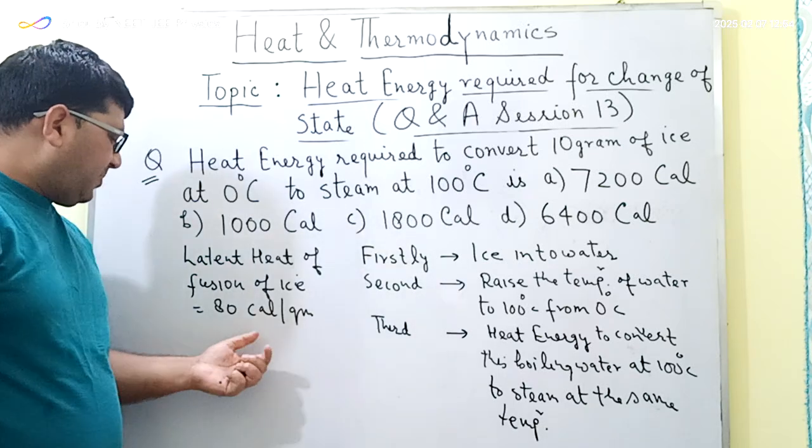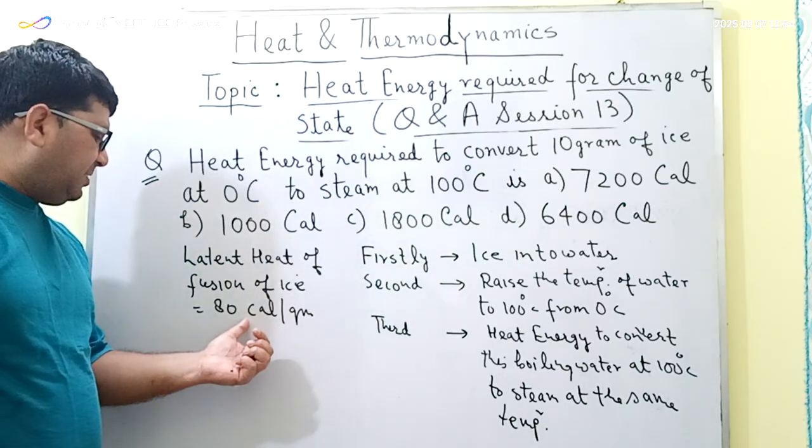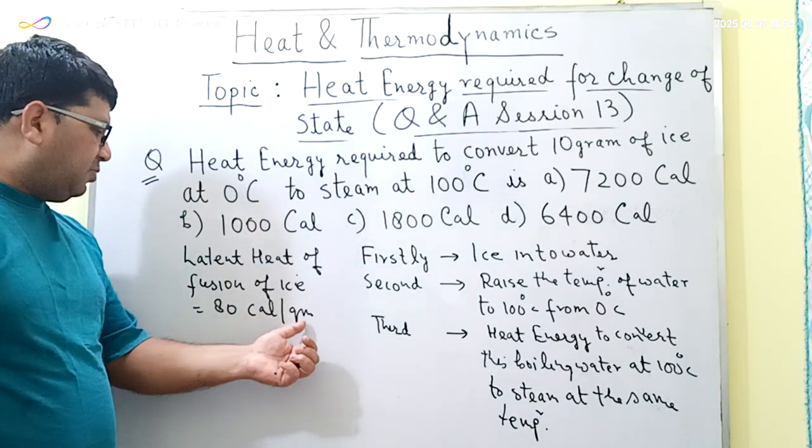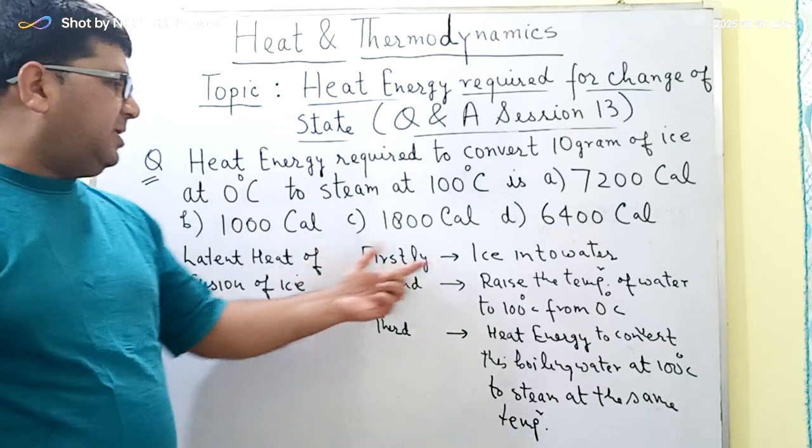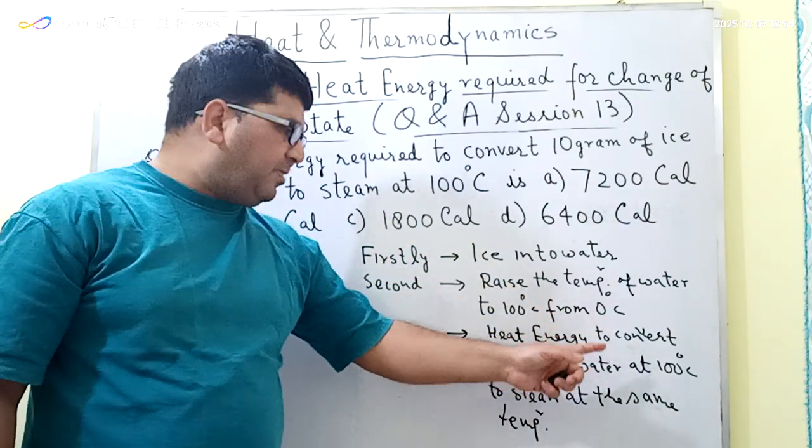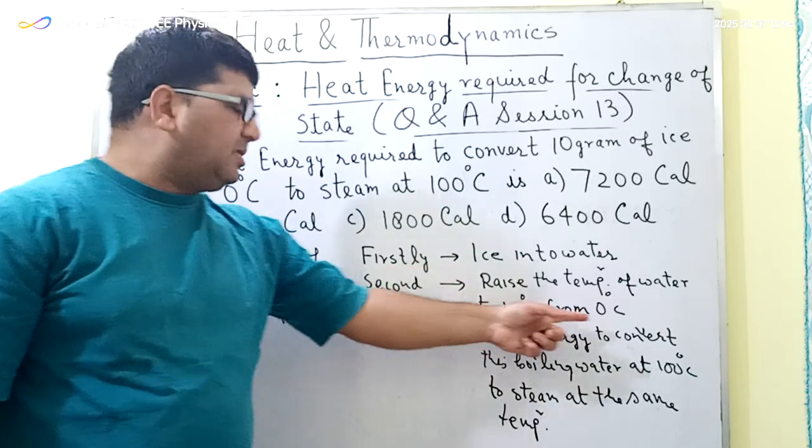That is, I have to provide 80 calories of heat energy to 1 gram of ice in order to convert it into water at the same temperature, that is in this question it is 0 degree centigrade.